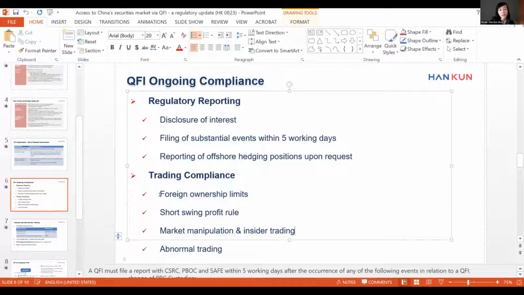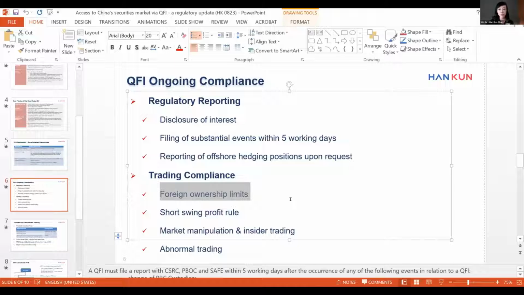And there's also a requirement of the foreign ownership limits. Actually, there are two types of limits under the QFI rules. The first one is the single investor limit, which is 10%. That means any single foreign investor cannot hold more than 10% of a PRC listed company's A shares.